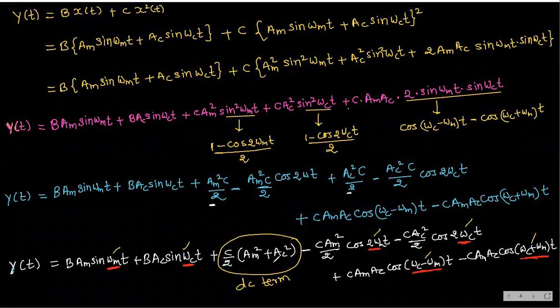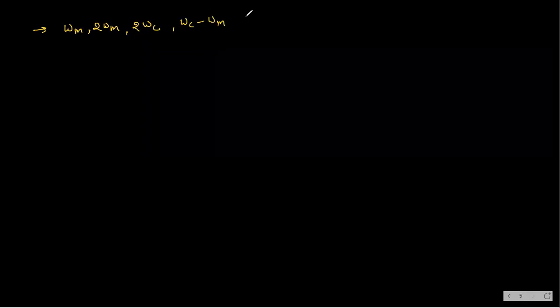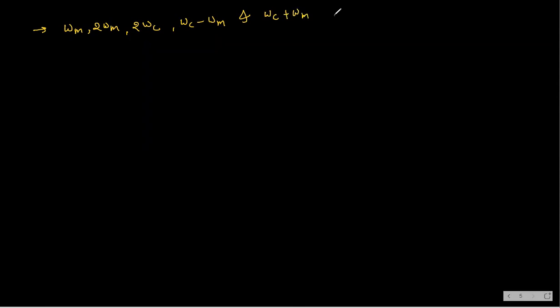These frequencies are retained when we are passing it through band pass filter. Okay. So see here, this omega m, 2 omega m, 2 omega C, omega C minus omega m, and omega C plus omega m are sinusoids of frequency.